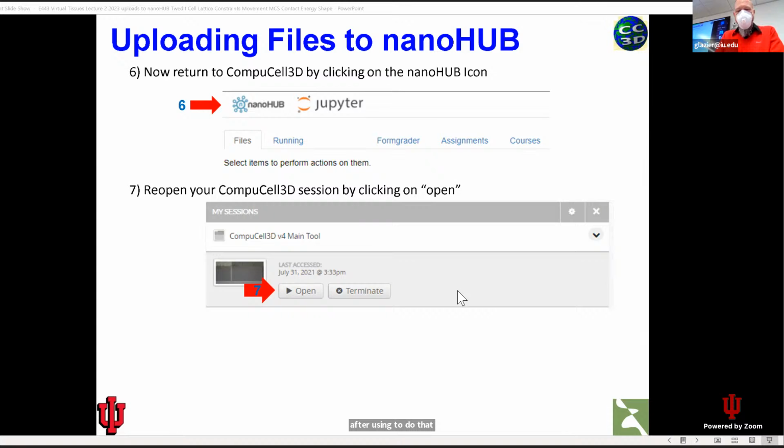Which nanoHUB app are you using? You want to screen share it? Let's take a look at Jupyter together.